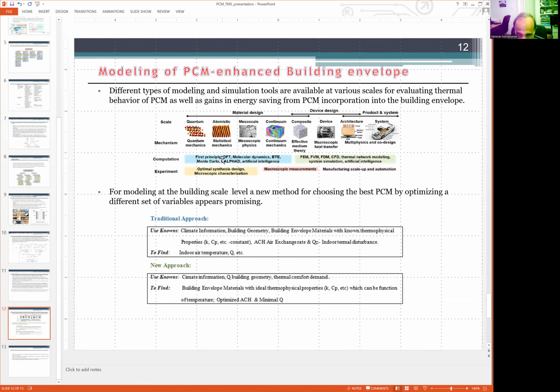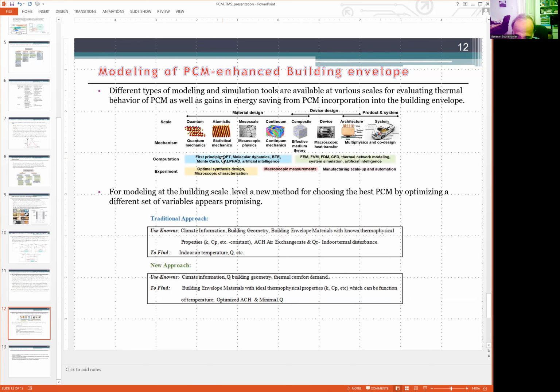In the traditional approach, the knowns are climate information, building geometry, building envelope materials with known thermal properties like specific heat and thermal conductivity, the air exchange rate, and the thermal disturbance. Now we need to find the indoor air temperature and the heat loads, etc.